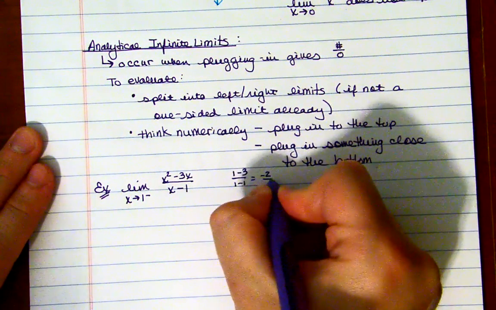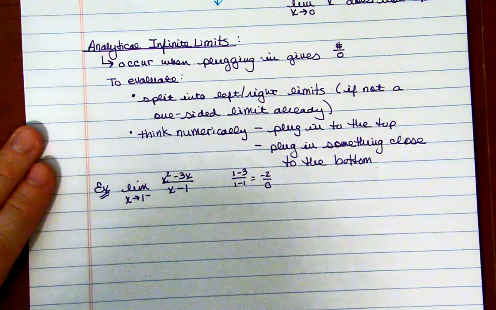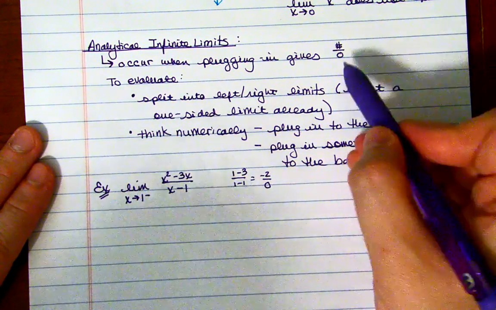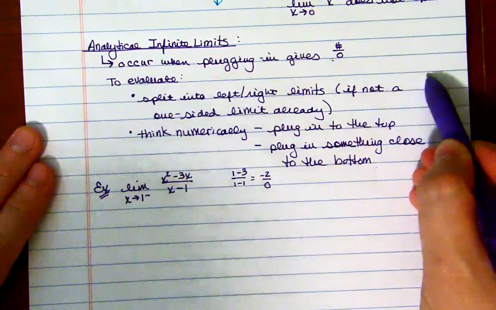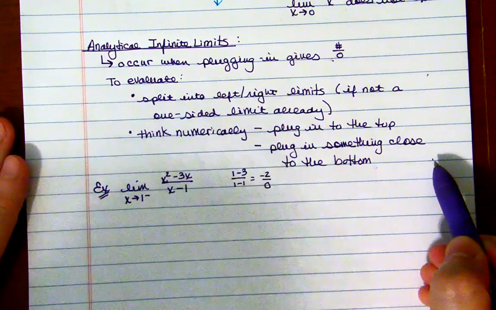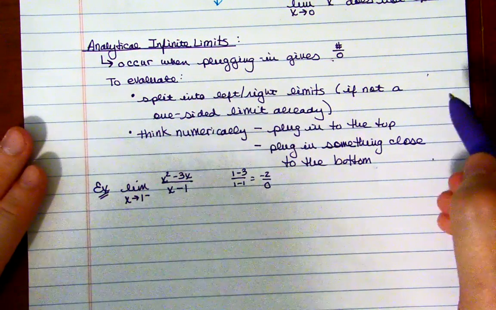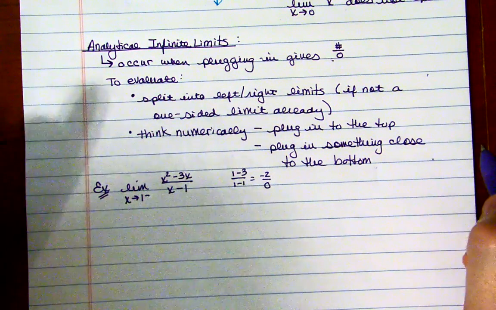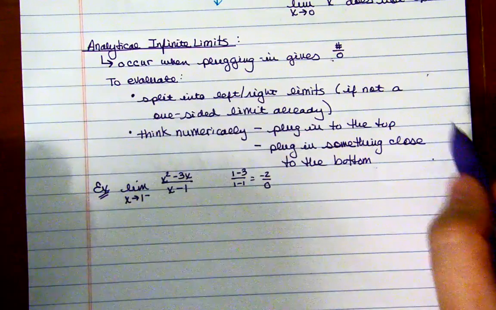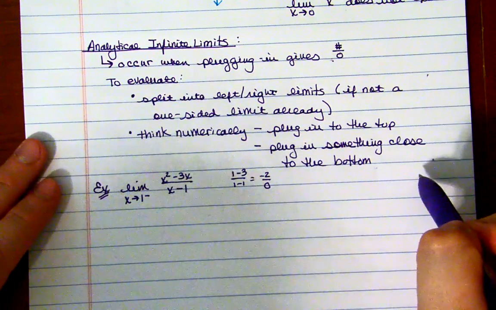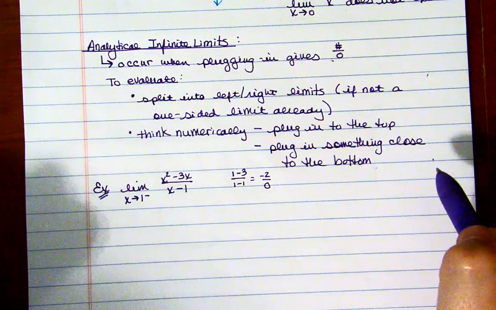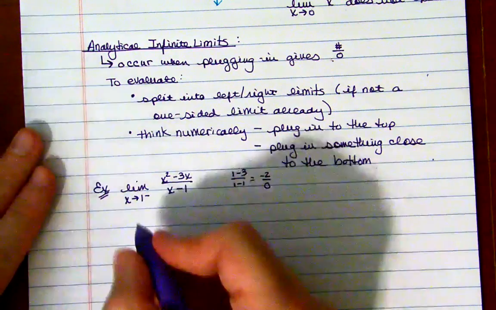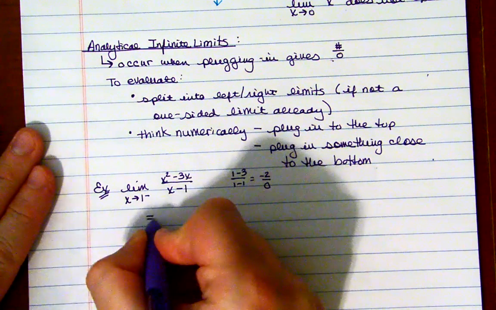I've got negative 2 over 0, which is the right form for me to get some sort of infinite limit. So I'm going to use this process over here. And this is actually really important. It's really important that we only use this process when we have a number over 0. More on this later. But if you use this method in other cases, you're going to get very, very wrong answers for those problems.